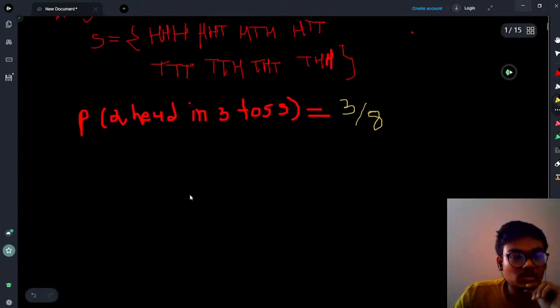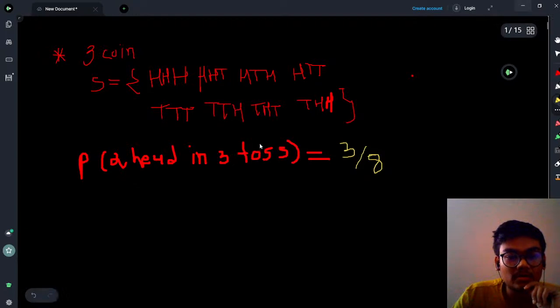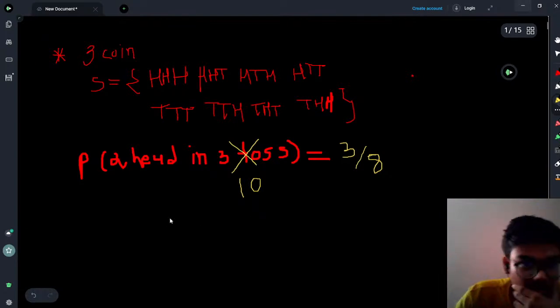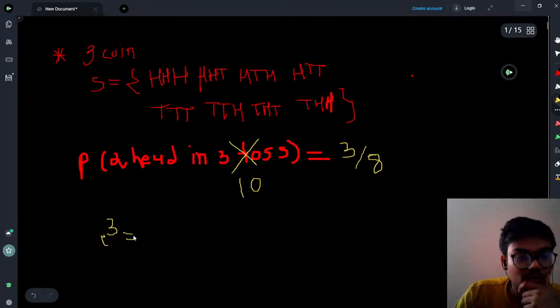Now let's say we have not 3 tosses but 10 tosses. Many of you are thinking, 10 tosses, let me do it by myself. For 3 coins, we get 2 raised to 3 equal to 8 outputs.